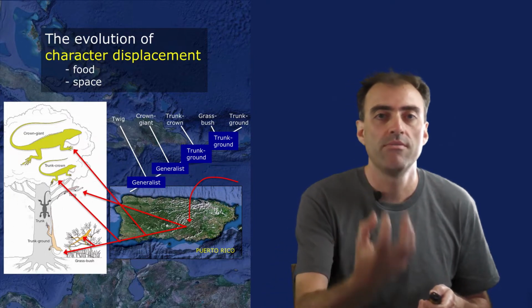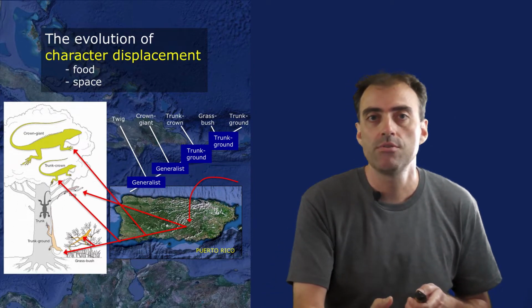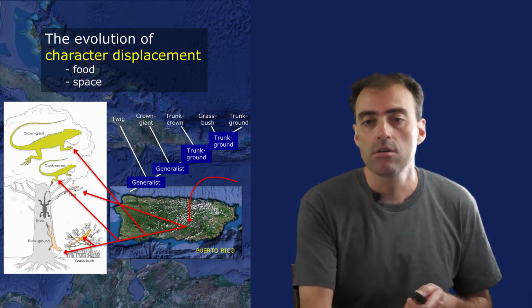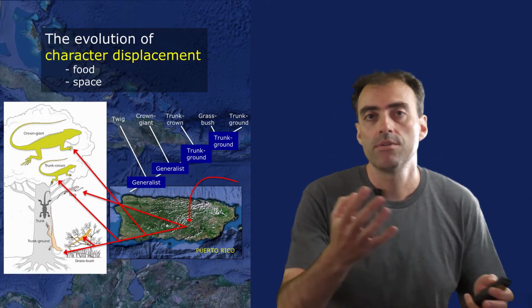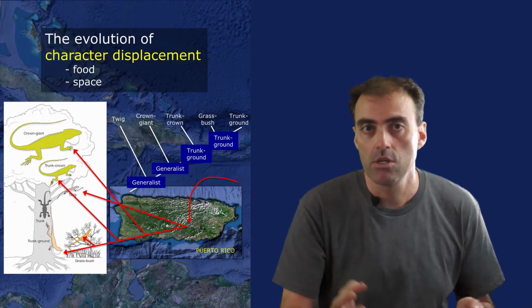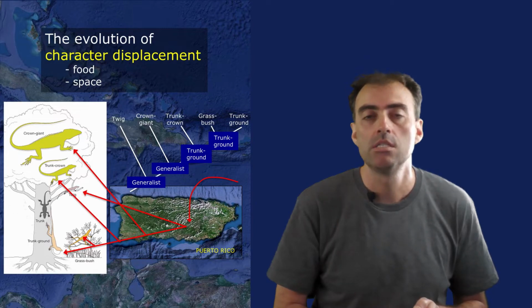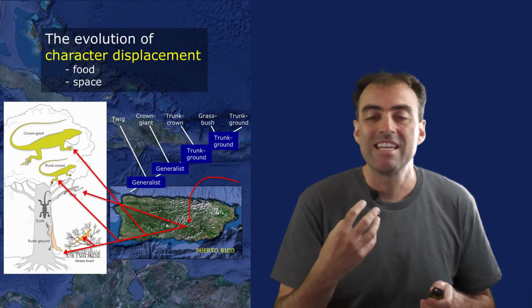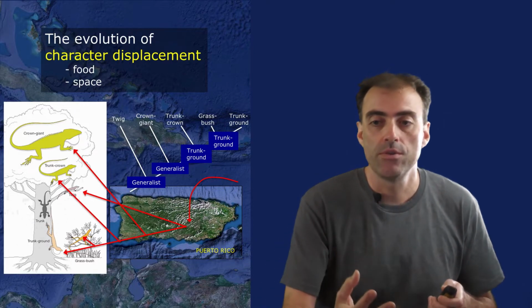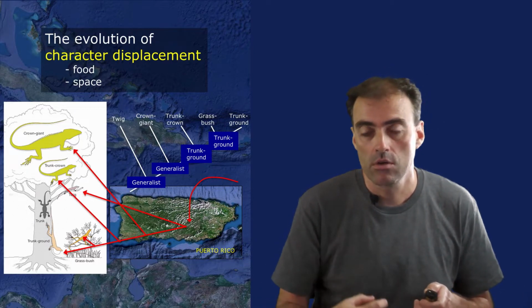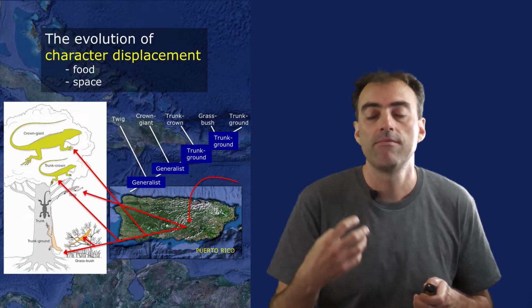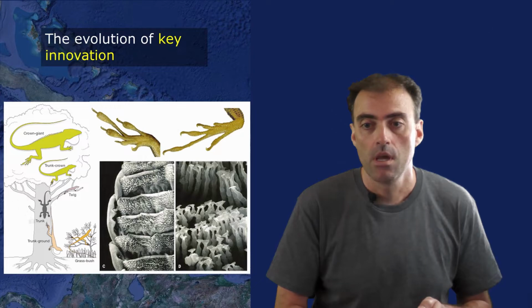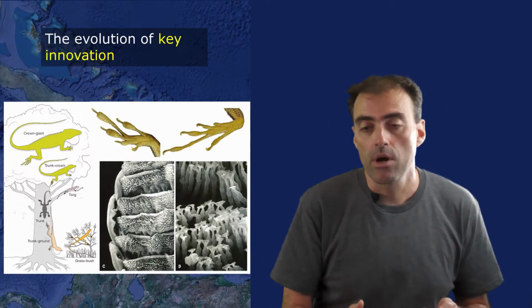So it's a process of invading a new heterogeneous environment, in addition to being kick-started through character displacement and then subsequent diversification, adaptive radiation on each of these 4 islands independently through a relatively consistent sequence. First of all, the twig, then the crown giant, trunk crown, grass bush, and then finally the trunk ground ecomorphs.